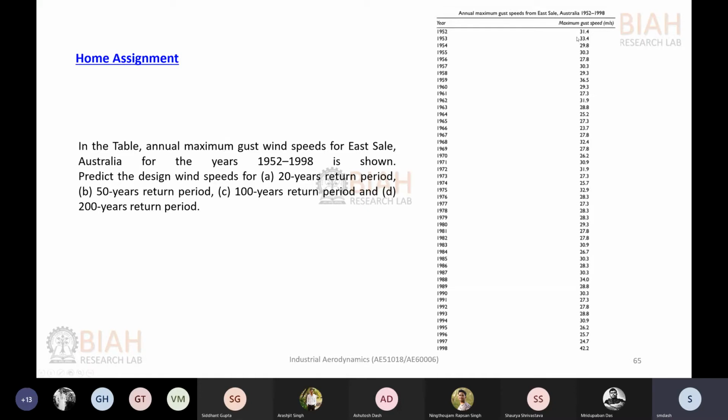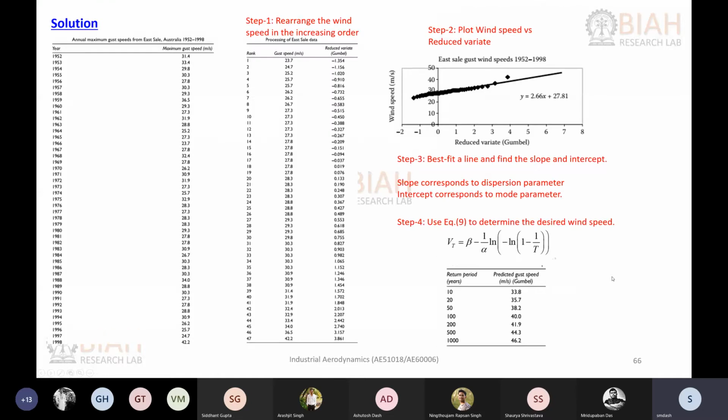What you need to do is rearrange. The very first thing is rearrange this wind speed in an orderly manner or increasing order. Okay, so starting from the smallest, you need to go to the largest one, irrespective of the year. So the year doesn't matter now.